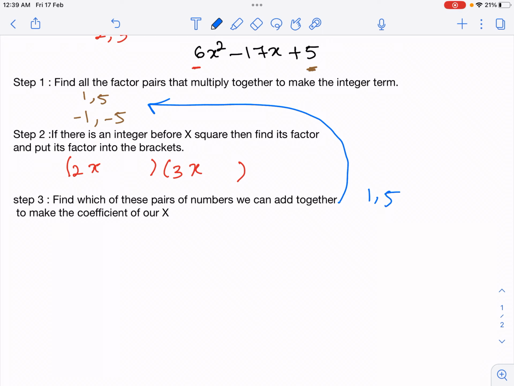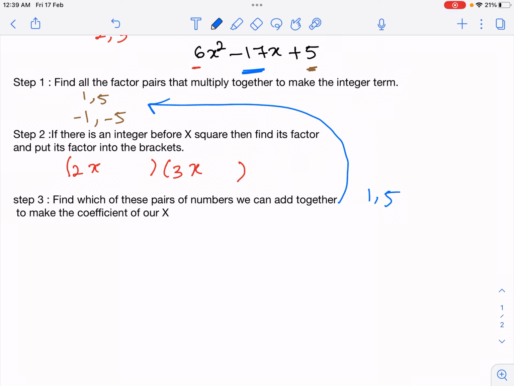In this case the coefficient of x is negative 17, so we need to get negative 17. What are the two numbers that multiply together to give 5, which is our integer, and when added together give our coefficient of x, minus 17? This is what we are trying to find.